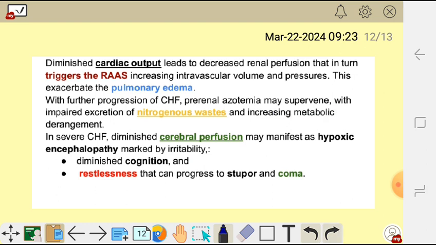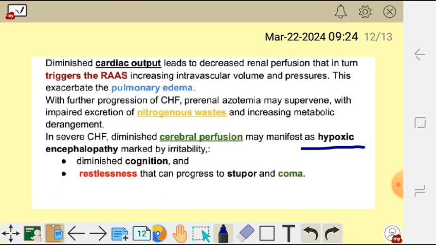Okay, so in severe cases, the blood supplied to the brain will be diminished, and that will lead to hypoxic encephalopathy. This condition is marked by diminished cognition, poor cognition, and we are also going to have restlessness, which can progress to stupor or coma.